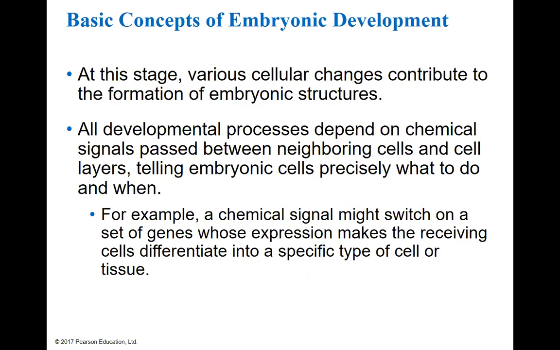So which signals will turn on? Because remember, genetically every single cell is identical. So how is it that the mesoderm cells will give us the muscles, but the ectodermal cells will give us the neuronal cells? Each cell has to be activated via a very specific set of signals, which will make it differentiate into a specific type of cell or tissue.